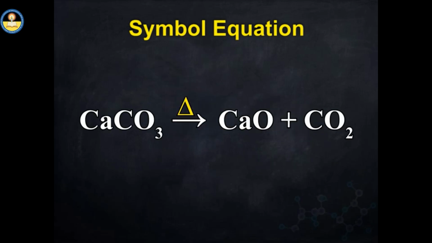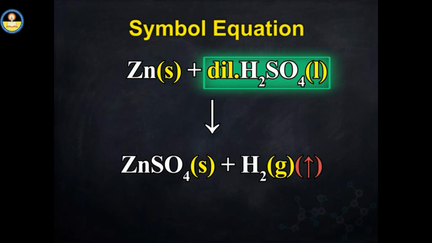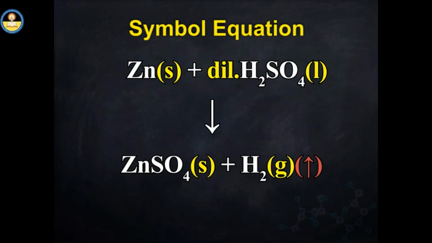The symbol delta placed above or below the arrow indicates that the reactants have to be heated in order to start the chemical reaction. The symbol (g) indicates that the substance is gaseous. Zn plus H2SO4 gives ZnSO4 plus H2 in gaseous form.